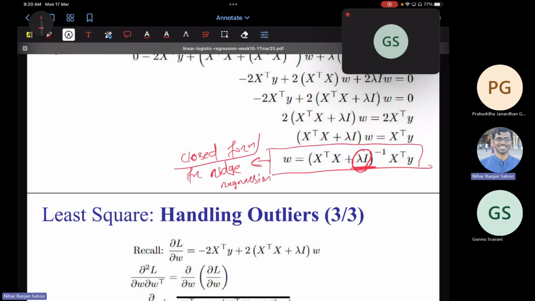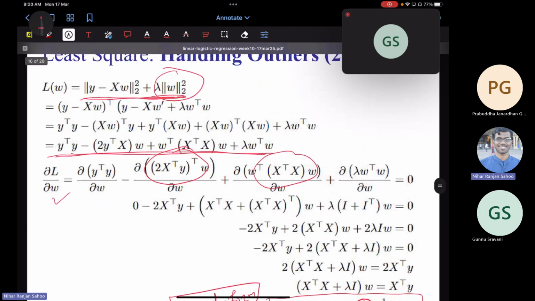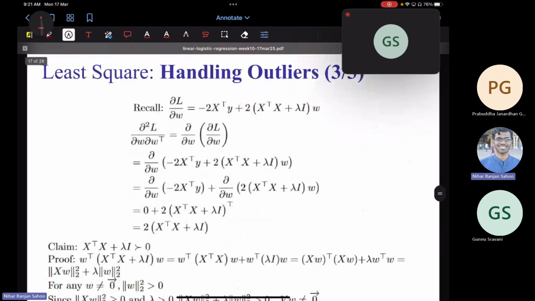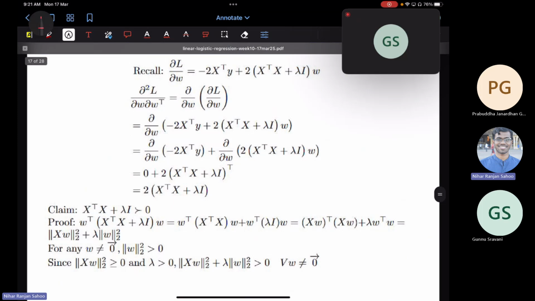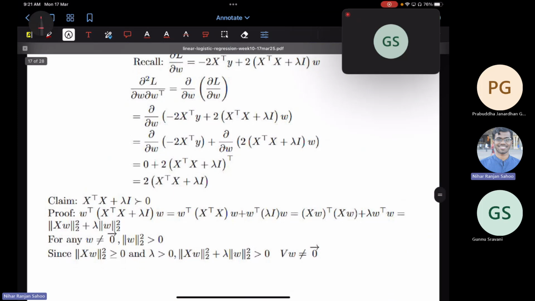If we are saying this is a closed form solution, we also have to prove that this loss function is convex. We proved the earlier loss function is convex; now we have to prove this one is convex too. Again, you follow the same approach: you find the Hessian. If the Hessian is greater than or equal to 0, it is PSD. But beautifully, this Hessian is strictly greater than 0, so this is a positive definite matrix.